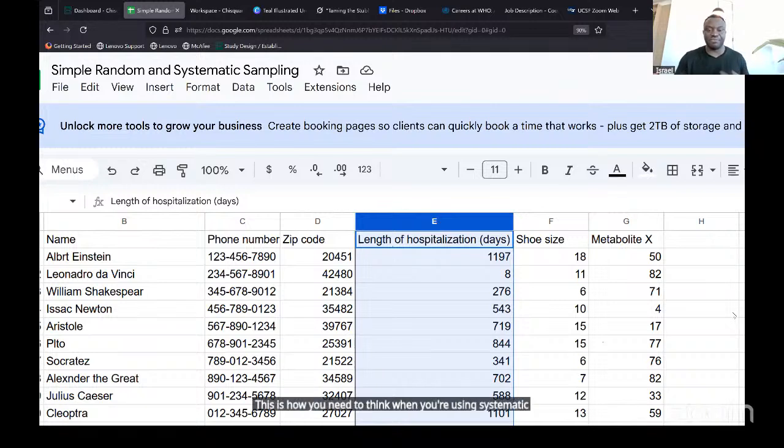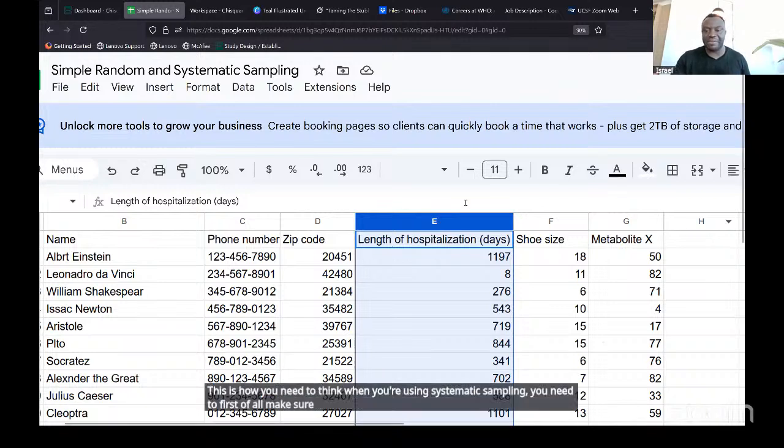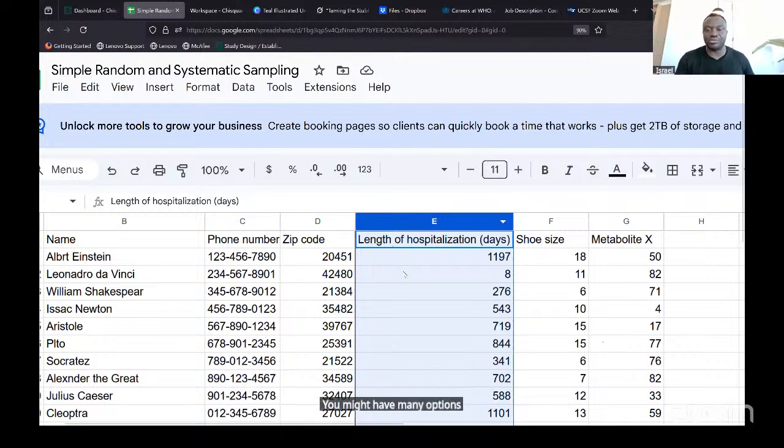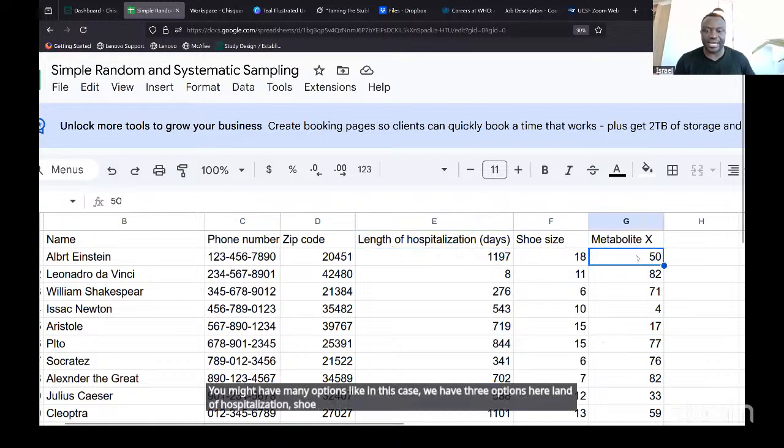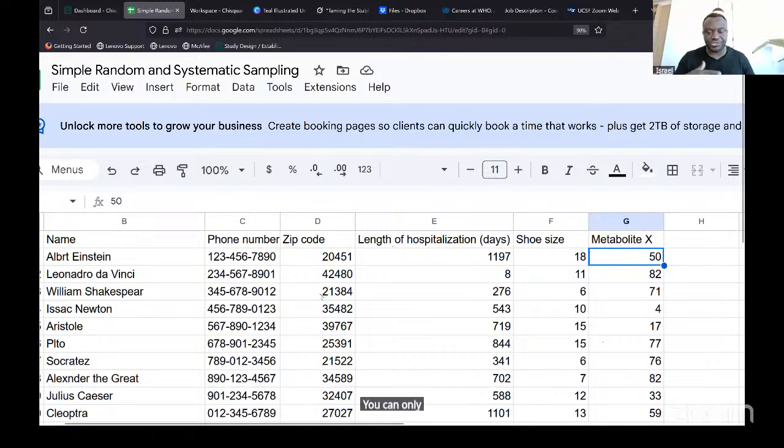You need to, first of all, make sure that your sampling frame has a variable that you're going to use to sort data. Because remember, systematic sampling is the only sampling technique that is affected by what you use to sort the data on. You might have many options. Like in this case, we have 3 options here: length of hospitalization, shoe size, and zip code. You can only select one indicator to sort the data on.